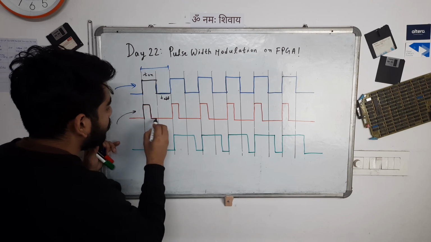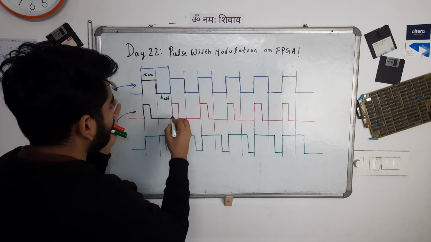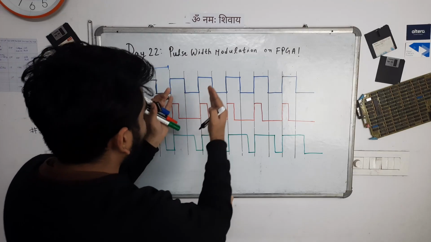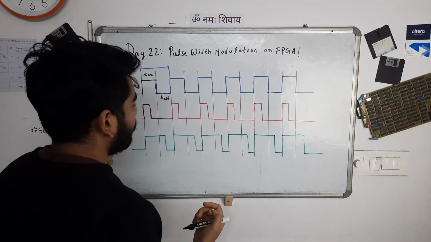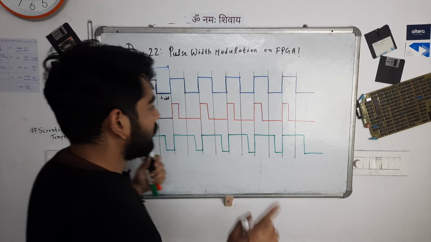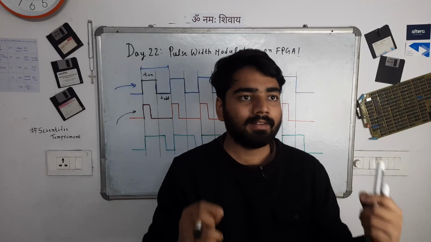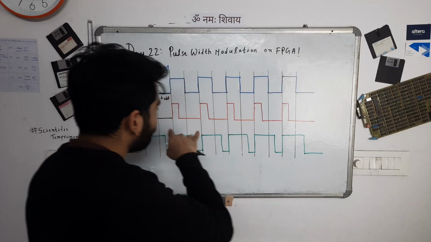This structure repeats after the same time as the first signal, right? So the frequency of these two signals is the same, and that is one thing you need to keep in mind. There is a frequency of a PWM signal as well, and that frequency is this frequency.